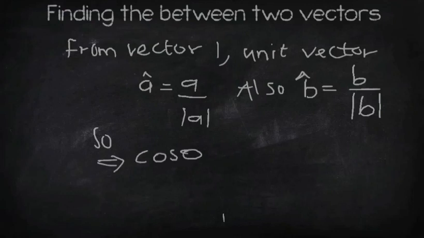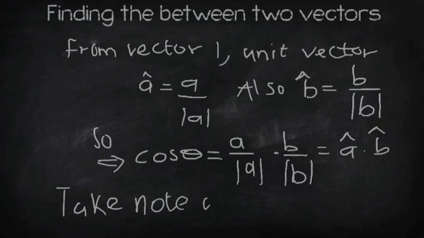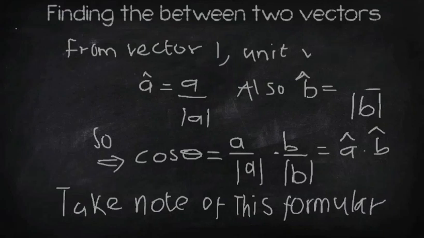So do the same thing. It means that cos theta is equal to a over the absolute value of a dot b over the absolute value of b, which is equal to a carat dot b carat. You must take note of this formula. We'll be using it.